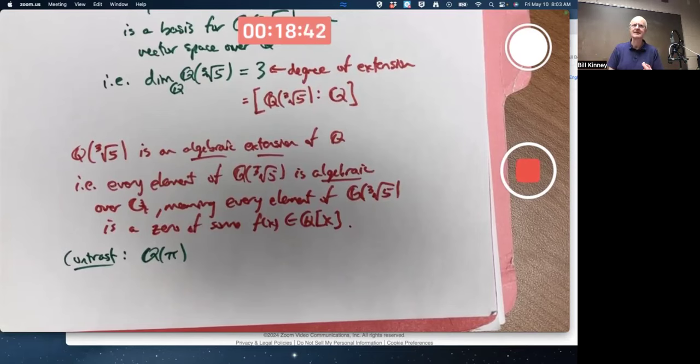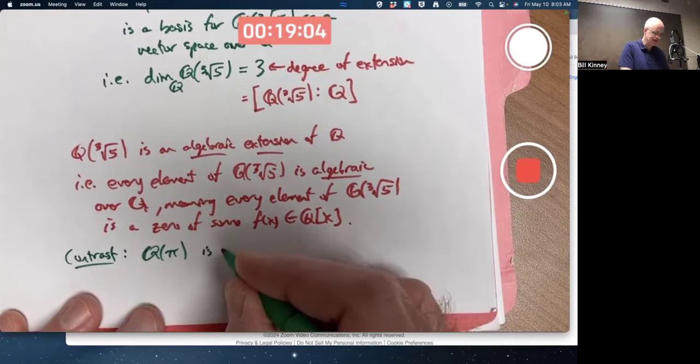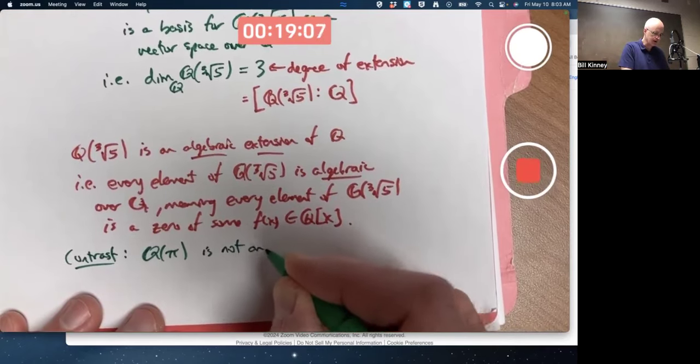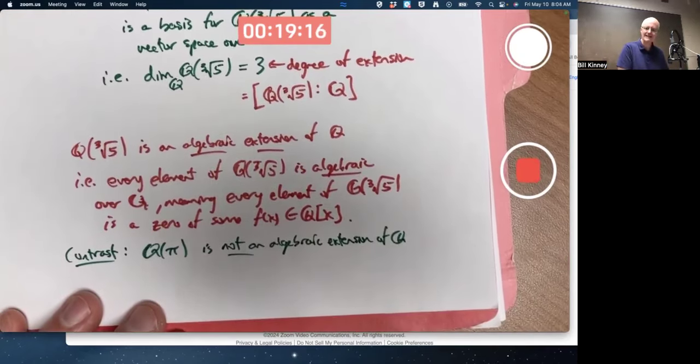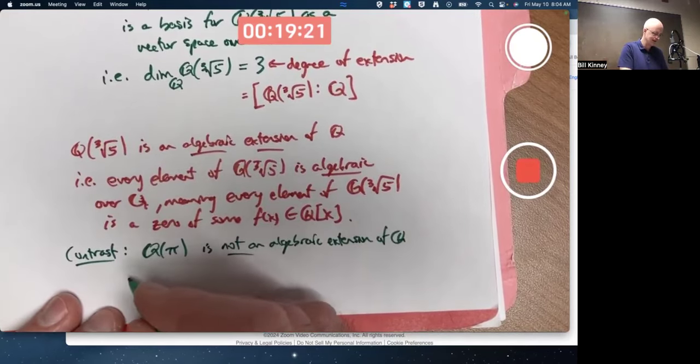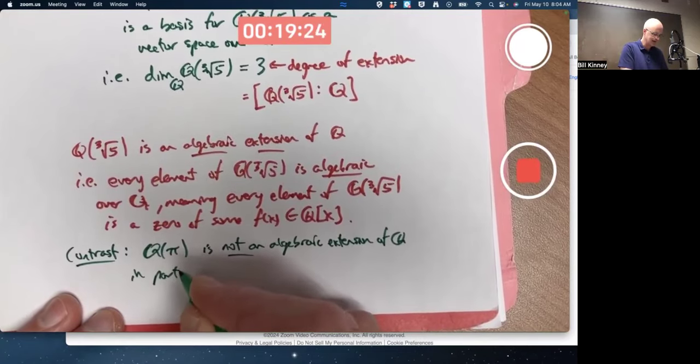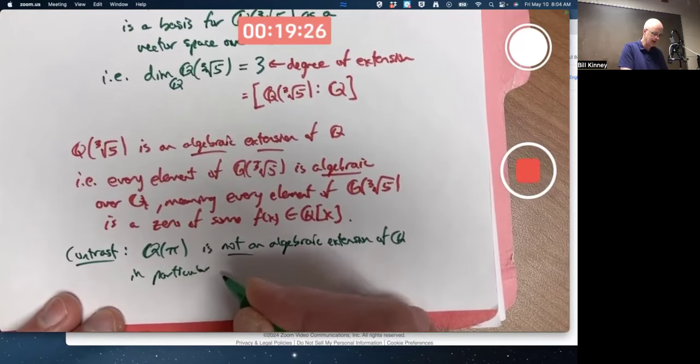That takes proof. The proof is super duper hard. People suspected this for a long time, through the 1400s, 1500s, 1600s, 1700s. It took until the late 1800s for somebody to actually prove that pi did not satisfy any polynomial equation with coefficients from Q. This is not an algebraic extension of Q. In particular, pi is not algebraic.